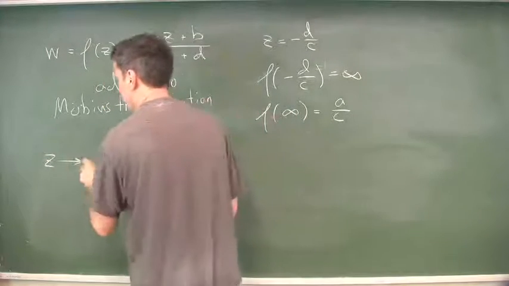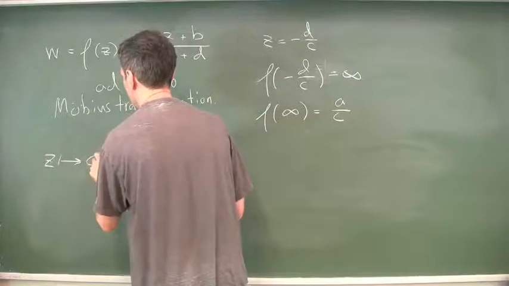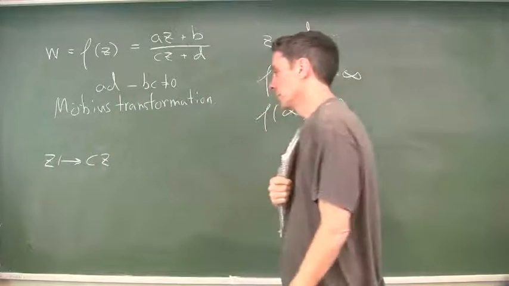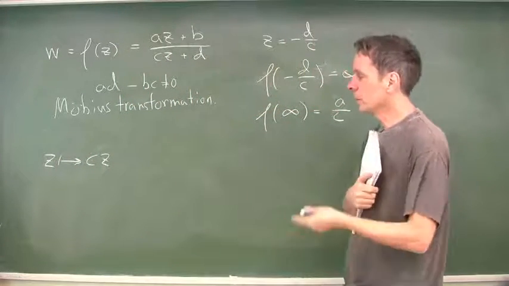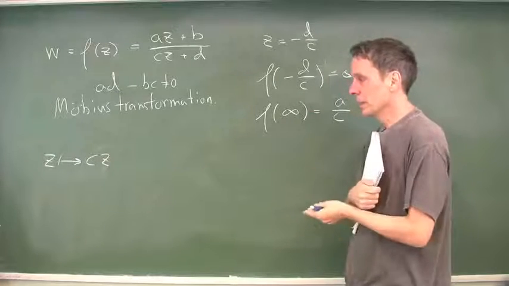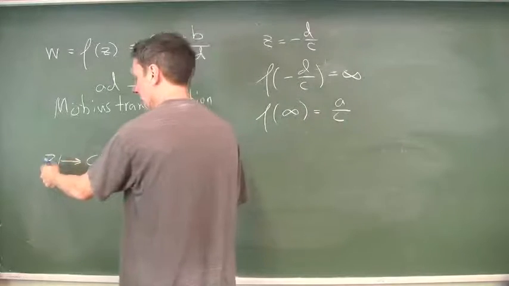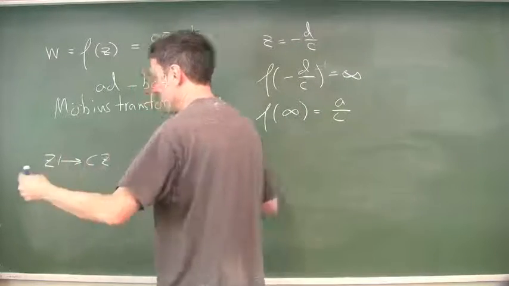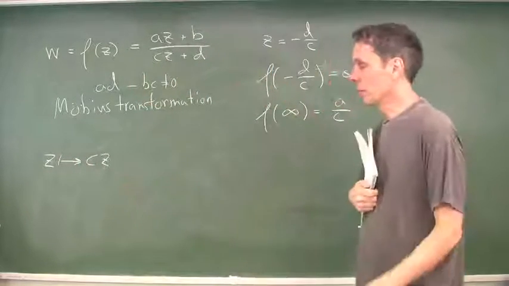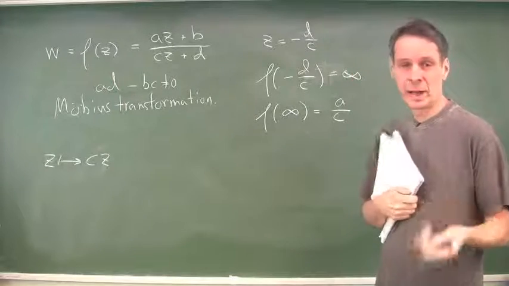And then we map this onto C times Z. And this you may think of just as a map in the complex plane. Of course, this map is just a dilatation, so it obviously takes circles to circles and lines to lines.